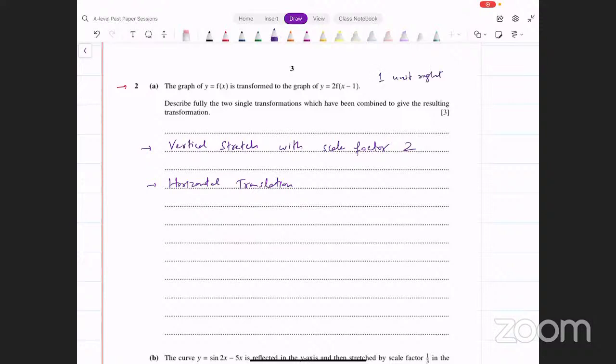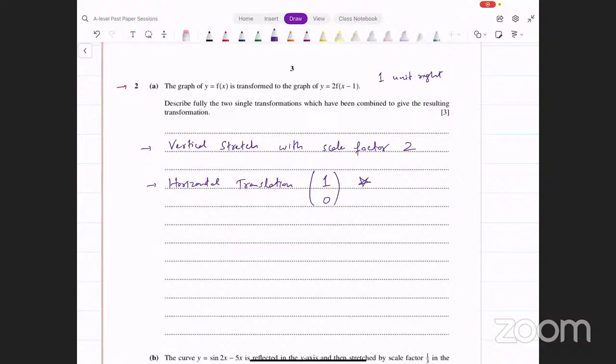But how are you going to write it down? आपने ट्रांसलेशन वेक्टर लिखना है. 1 यूनिट राइट है, यानी x कंपोनेंट आपका क्या होगा? 1. y कंपोनेंट क्या होगा? 0 होगा. Now this is very important.